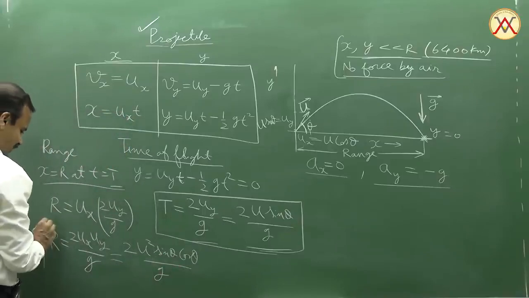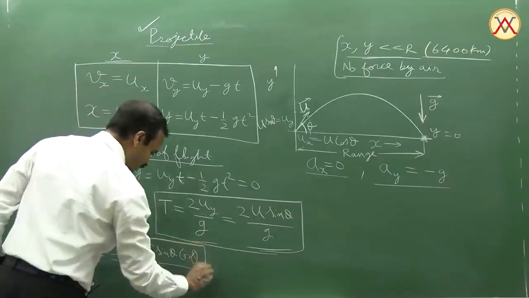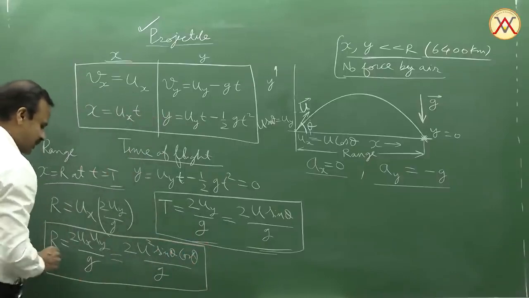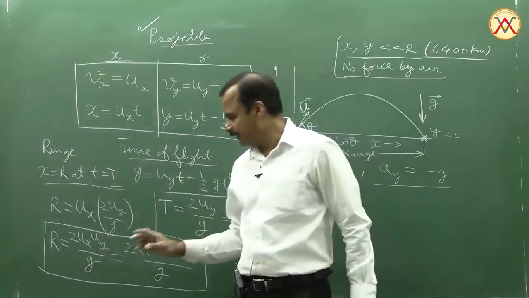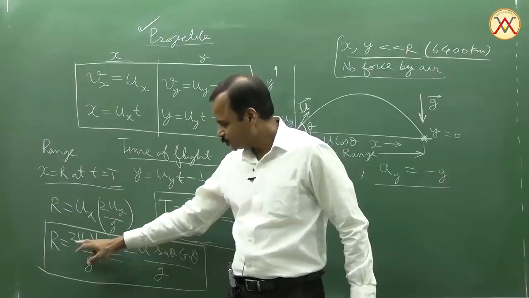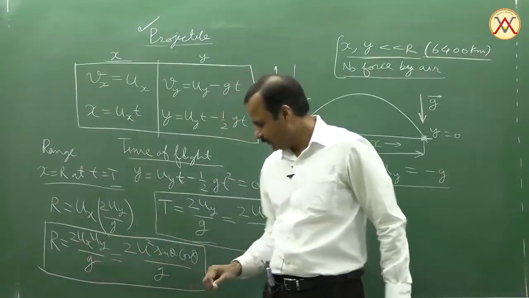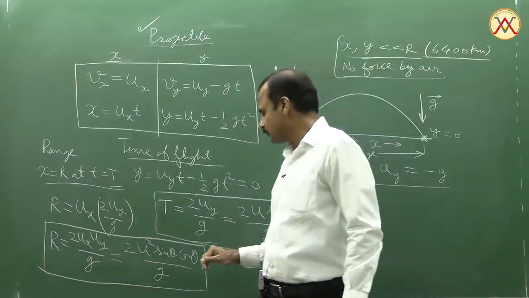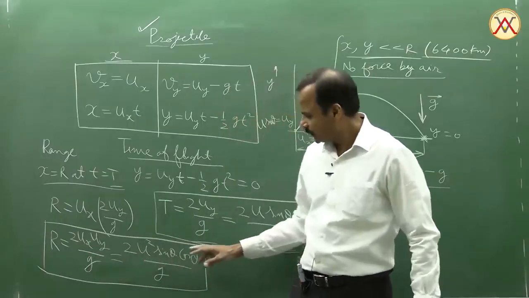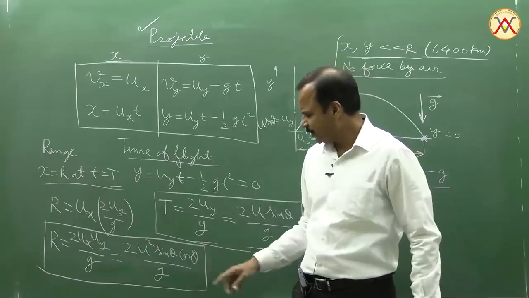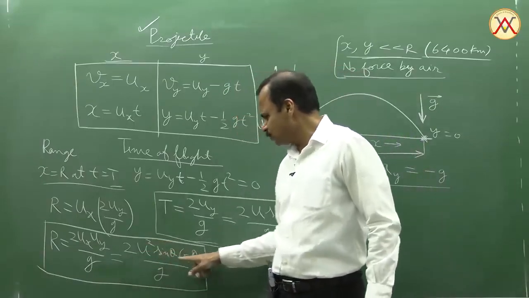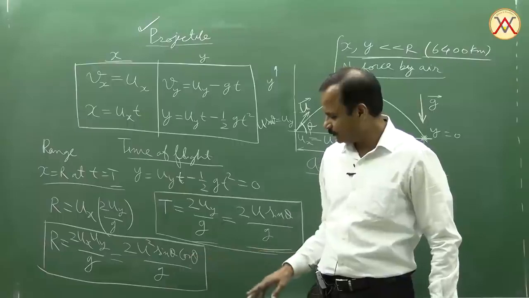So, this becomes the formula for range of a projectile. If you want to do it in terms of components, it's twice of ux uy by g, and if you want to do it in terms of magnitude and direction, it is 2u square sin theta cos theta by g. You can also write this as u square sin 2 theta by g with the help of that formula of trigonometry.